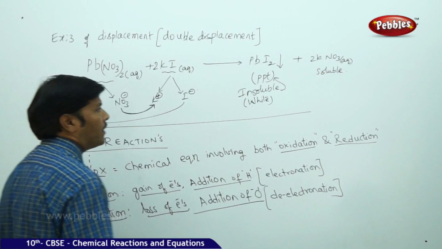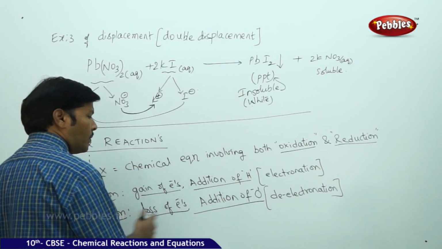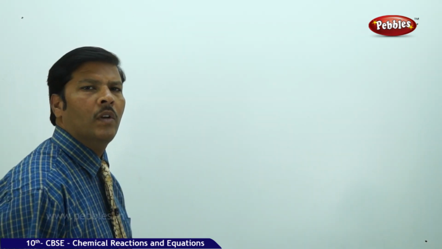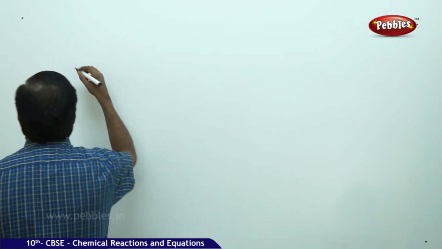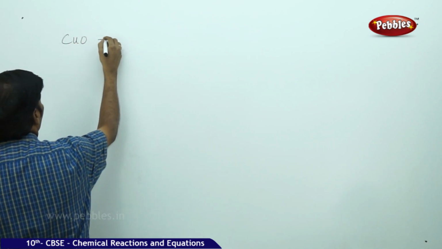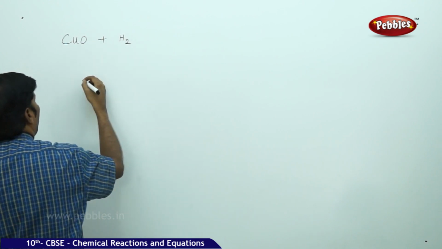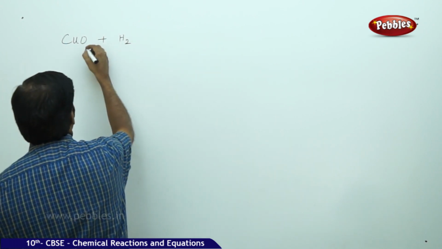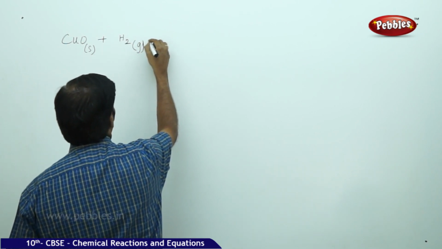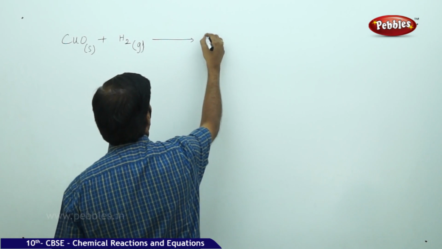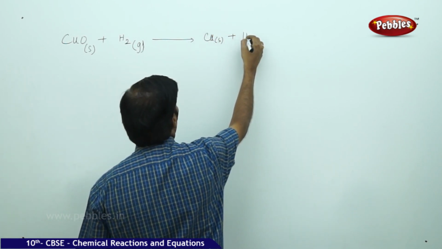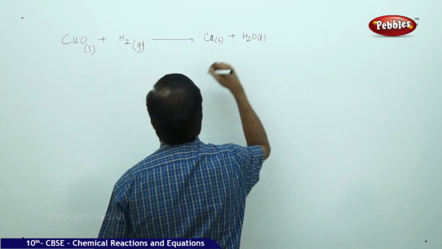So we will study the reactions between reduction and oxidation. Take the equation of cupric oxide when treated with hydrogen. Cupric oxide is a solid, hydrogen is a gas. When treated with hydrogen gas, it forms copper solid plus H2O liquid.